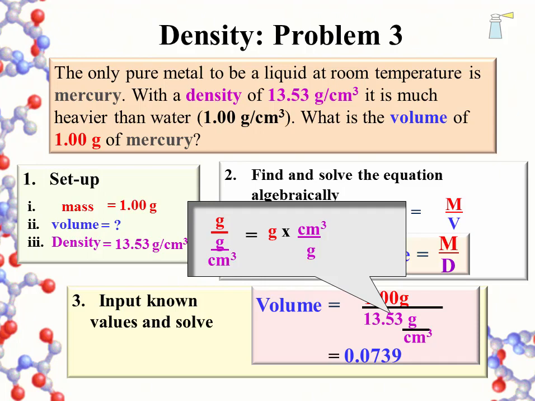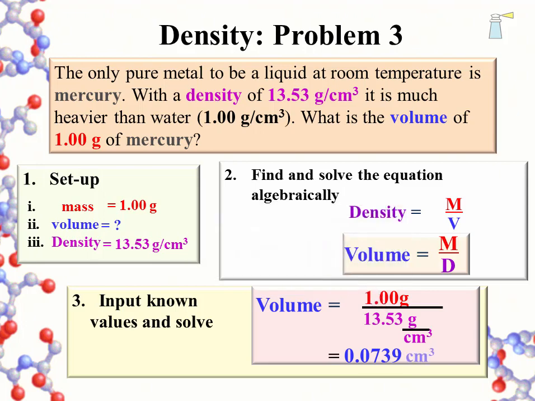Flipping grams per cubic centimeter gives cubic centimeters per gram. Note that the grams cancel out, leaving just cubic centimeters. So, when there's a fraction of units in the denominator, and it doesn't matter what the units are, flip them and bring them to the top and multiply. Our final answer is therefore a volume of 0.0739 cubic centimeters.